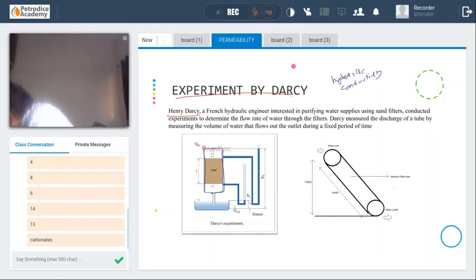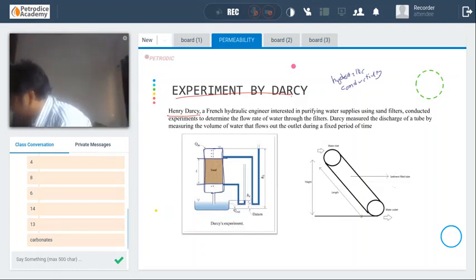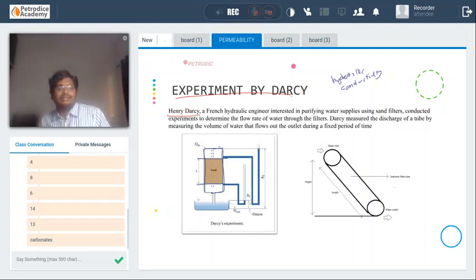In this particular middle he has placed the sand, and he has used barometers to find the pressure at either end of this particular sand system. He has conducted this experiment to determine the rate of flow of water through this particular sand filter.